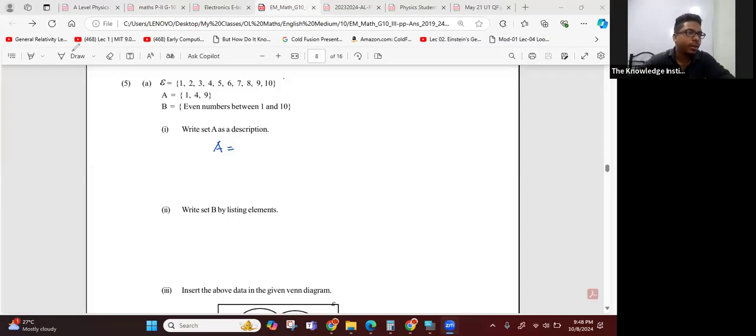Okay, so here set A is 1, 4, 9. Square numbers between 1 and 10. I can't say between because then when I say between, 1 doesn't come. So I have to write square numbers. So I can say square numbers 1 to 10, or I can say square numbers smaller than 10.